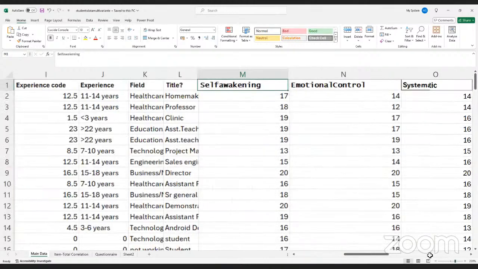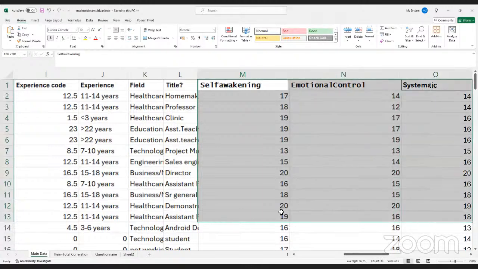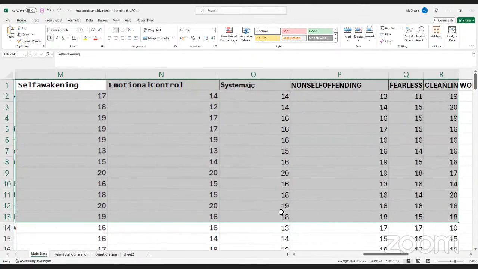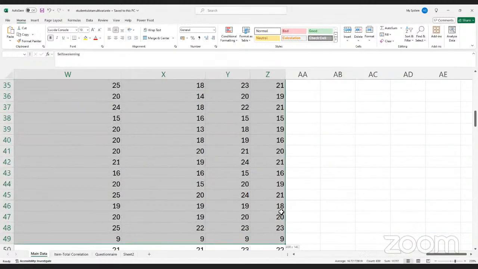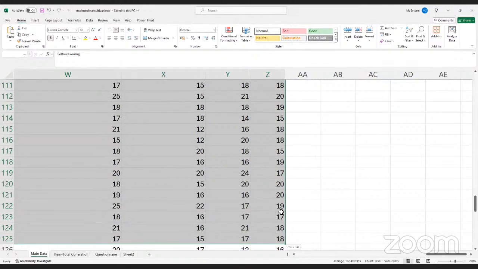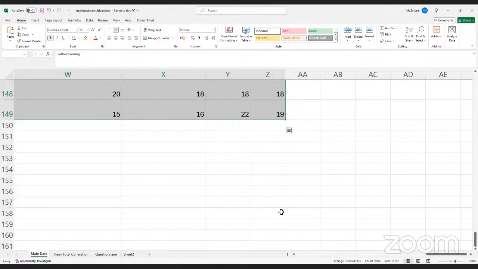So this is the raw data. So this is the sum data, based upon the summing of different items. I have told you 14 variables are there and each variable is measured with 5 items.